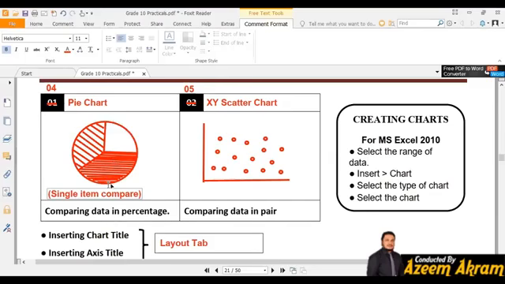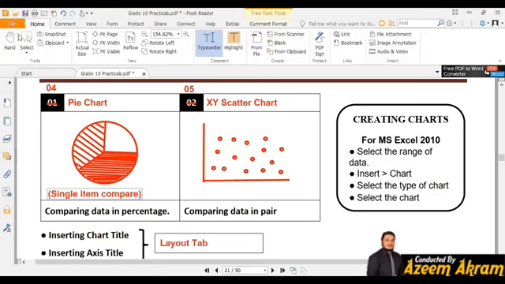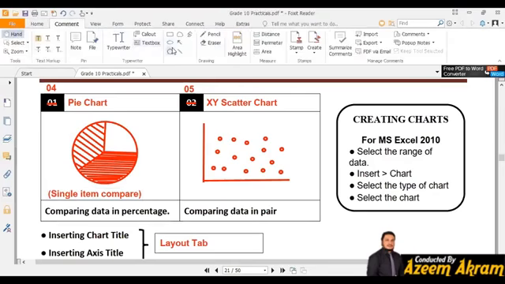Mostly they will ask two items, but suddenly with this single item you always have one option, that is pie chart. So these are the things in charts.